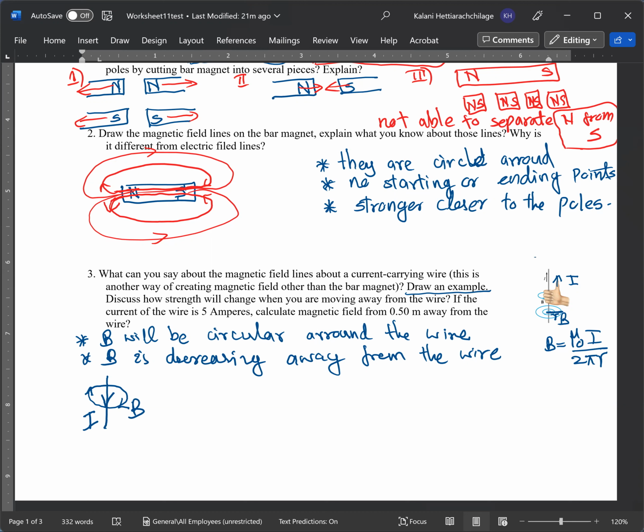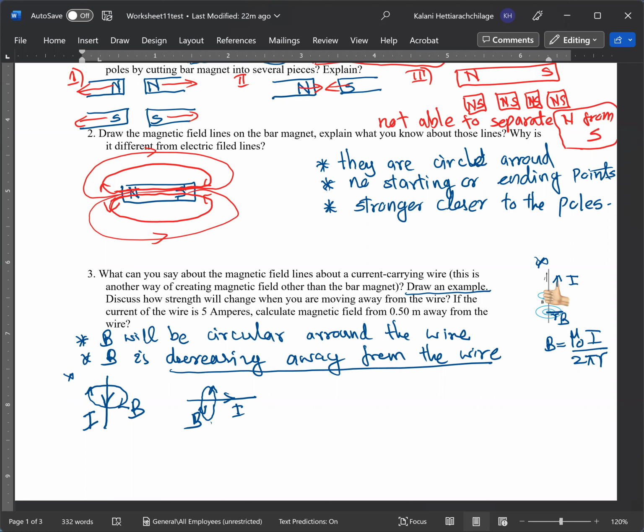You can draw this one, or any other direction. You can do the current to the right if you want. This is current, and you point your thumb, and then you have a circular magnetic field going this way and coming out this way. Whichever one you like, it doesn't matter. And discuss how strength will change when you are moving away from the wire. We discussed that it is decreasing when you go away from the wire.